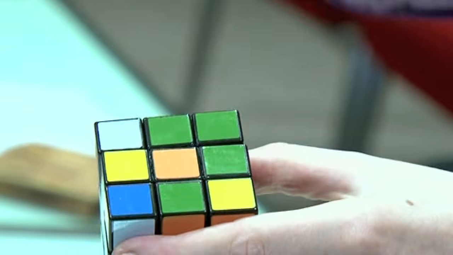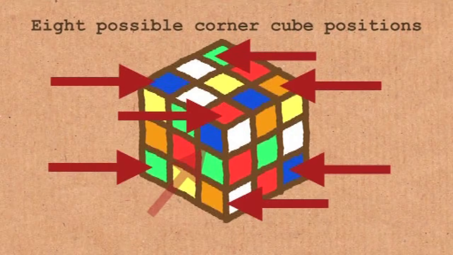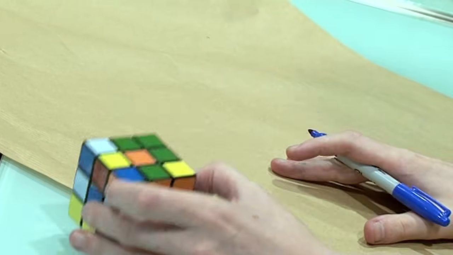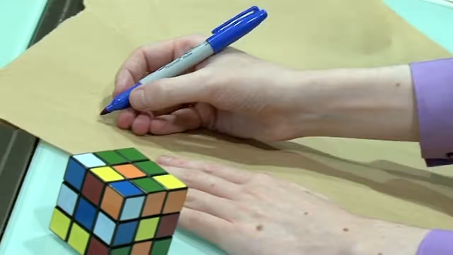For the next one, I'll have 6 corner cubes left, then 5, then 4, then 3, then 2, then 1. Now you multiply that together, 8 times 7 times 6 times 5 times 4 times 3 times 2 times 1. That's called 8 factorial, written with an 8 with an exclamation mark after it.